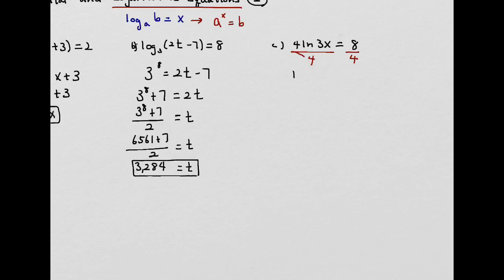Then I will get the natural logarithm of 3x equals 2. And we know that natural logarithm is the same as log base e of 3x equals 2. We can convert this into the exponential, and then you divide both sides by 3. So your x is e squared over 3.